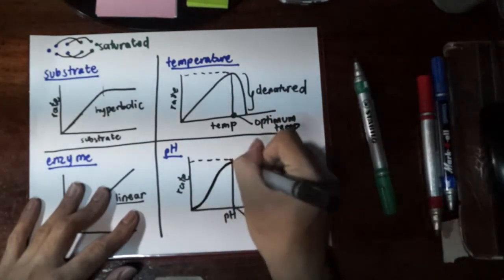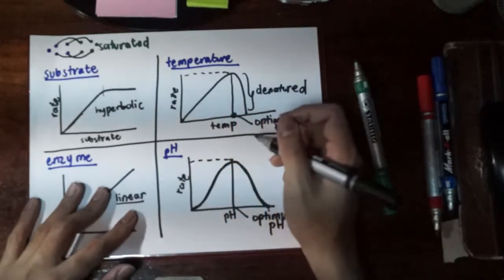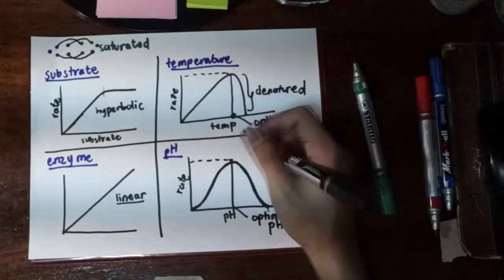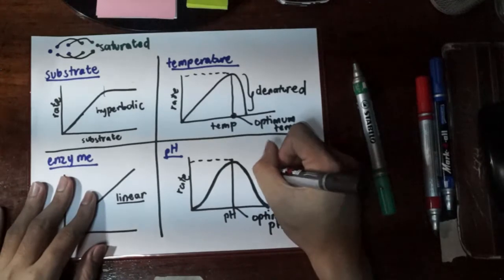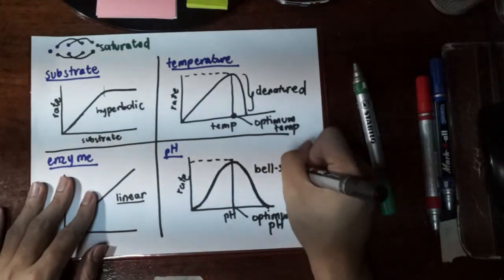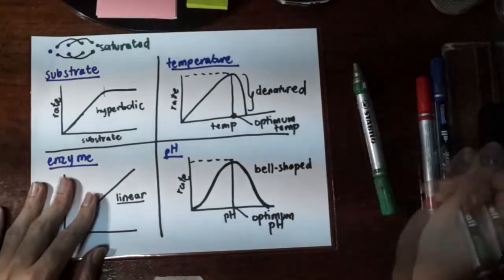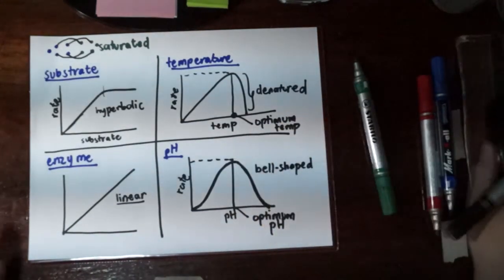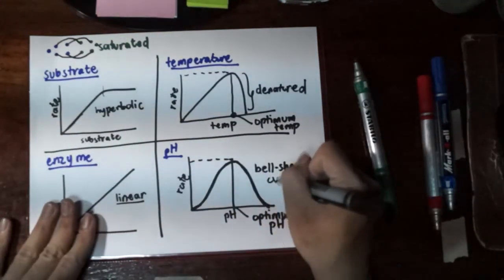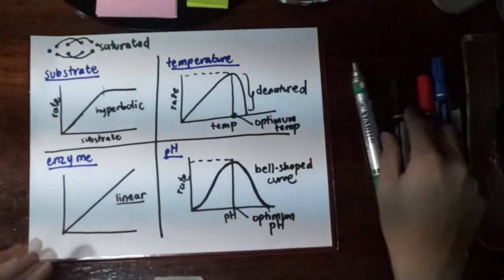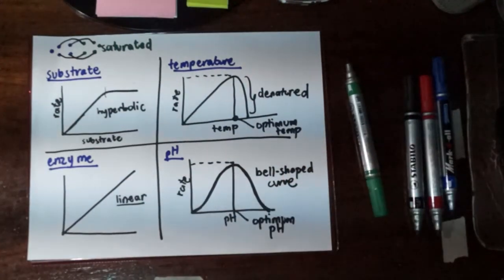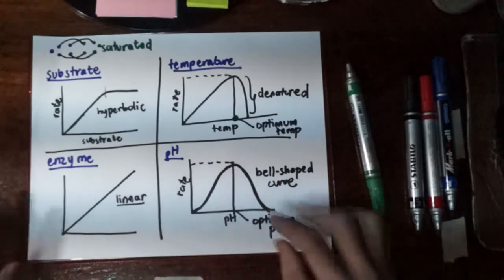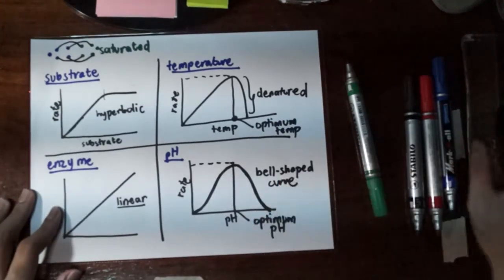But as a total, we see that here, adjustments in pH would give us a graph that is shaped like a bell. So typically, when we graph pH versus rate with optimum pH as its peak, we see here a bell-shaped curve. Alright? So these are the main factors that play with the kinetics of the enzymes.